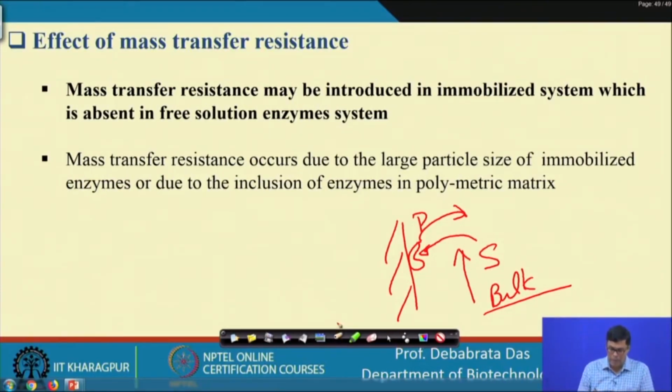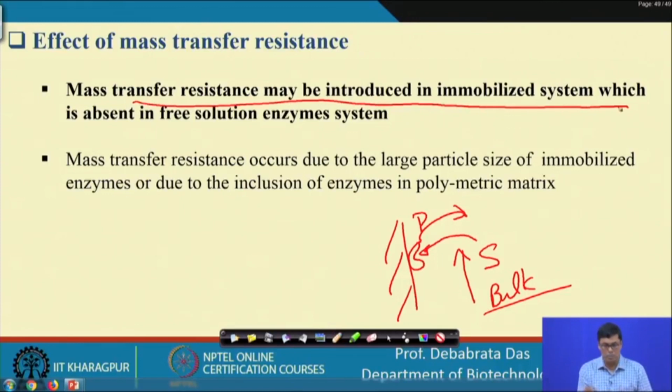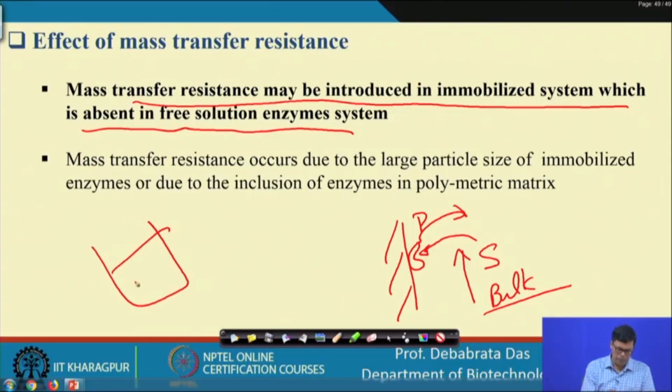So what I have pointed out here, you see that mass transfer resistance may be introduced in the immobilized system, which is absent in free solution of the enzyme. In case of solution, enzymes and substrate freely interact with each other, but as soon as you immobilize the enzyme, they do not freely interact with each other.